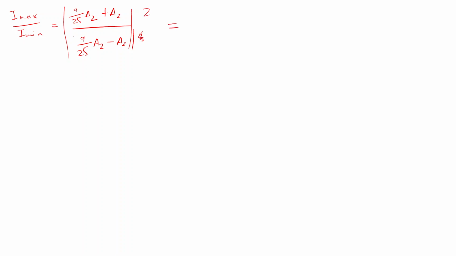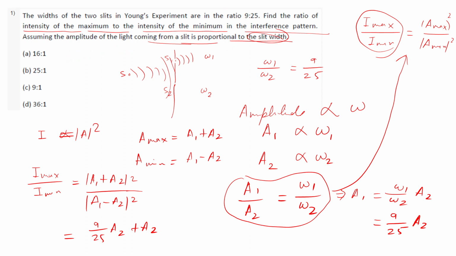So this will be 25 plus 9 is 34, and here it will be 25 minus 9 is 16, and A2 will cancel. So when we solve this, it will be 16. I'm wondering if we made some mistake here in understanding some part.